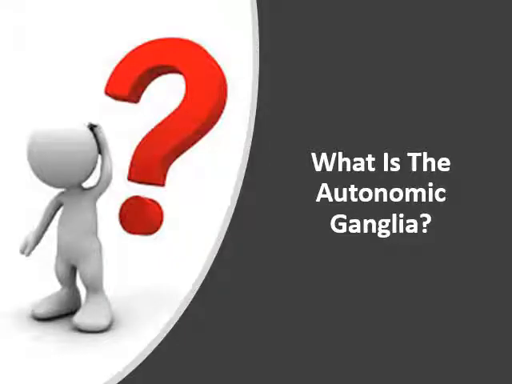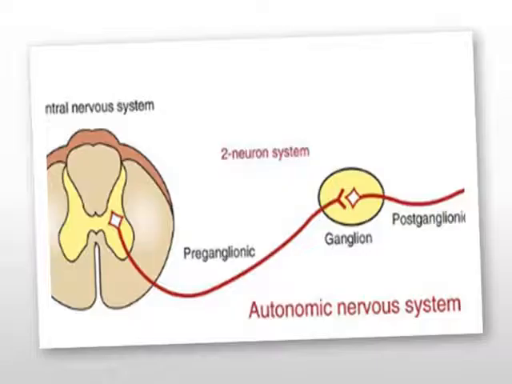Now coming to an important question. What are the autonomic ganglia? A ganglion is a collection of neurons present outside the central nervous system. Autonomic ganglia contain postganglionic neurons. They act as a distributing center, as each preganglionic fiber will synapse with 8 or 9 postganglionic neurons.